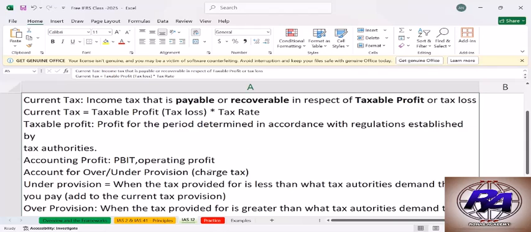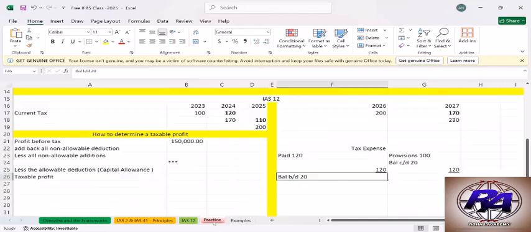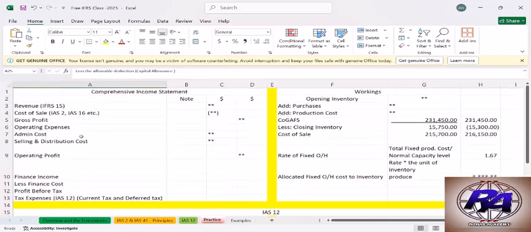So from the beginning, we emphasized that the amount we send to our income statement as tax expense is made up of both current tax and deferred tax. Now we've taken our time to go through all the things we need to know under current tax, how to determine it, and how to account for over provision or under provision of tax.